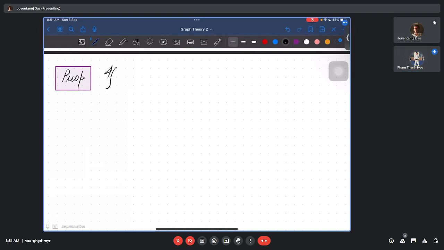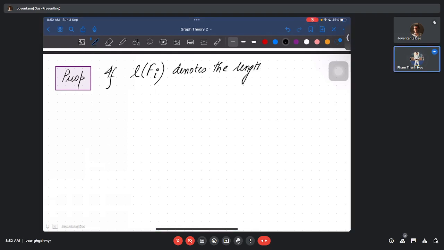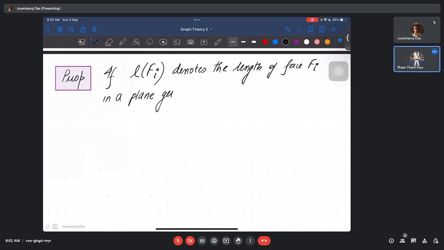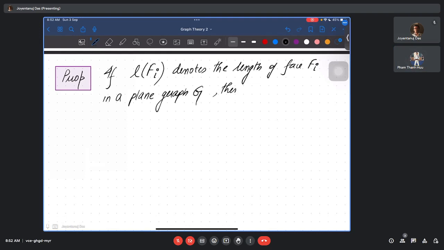So if L of a phi denotes the length of the face a phi in a plane graph G, then twice the number of edges in G is actually the summation of the lengths of all faces a phi, right?